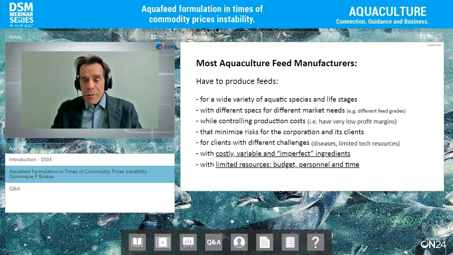So it's a very difficult balancing act, try to minimize the cost, but at the same time, minimizing the risk. Now you have to do this in a very challenging environment. You have different production systems, different socio-economic conditions, and you have clients that have different problems. Disease, product quality, market access restrictions, and so on.